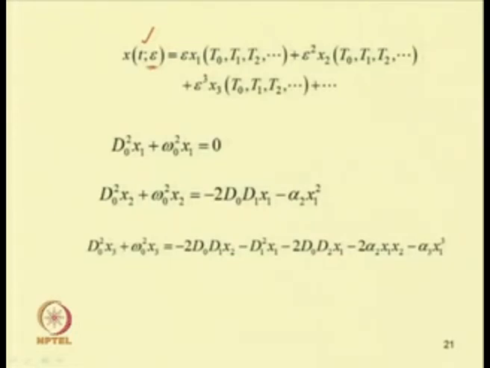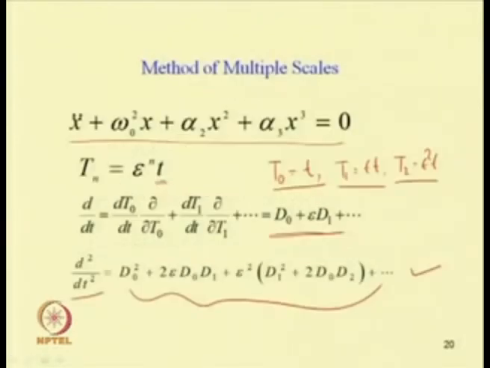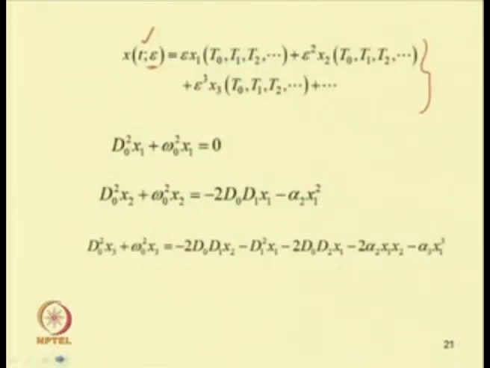Taking these three equations, that is x, d square by dt square, and d by dt in this equation, we can separate the terms by order of epsilon. So, this is order of epsilon 0, this is order of epsilon 1 and this equation is order of epsilon 2. So, separating the equation with epsilon to the power 0.